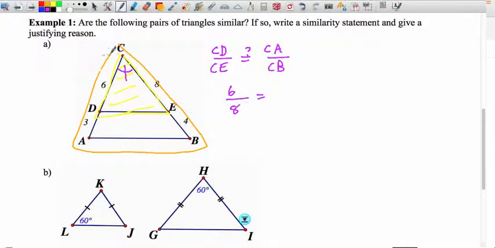On the right-hand side we have CA, which we add 6 and 3 to get 9, and CB, 8 and 4 to give us 12, and both of those simplify to 3/4. Therefore we have established similarity by side-angle-side, and one of the possible similarity statements is triangle CDE is similar to triangle CAB, by side-angle-side, with angle C being the reflexive angle.